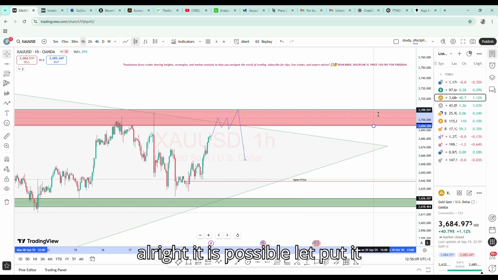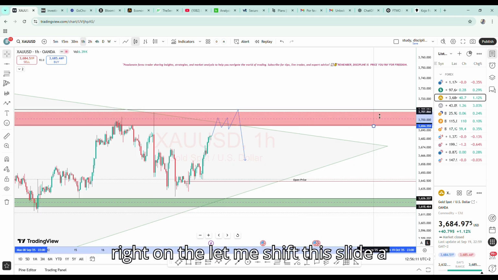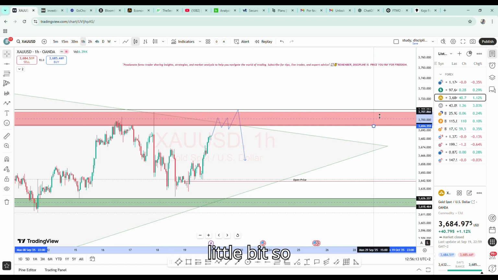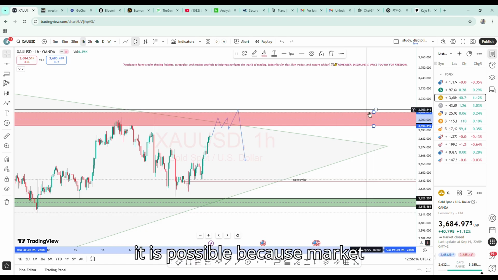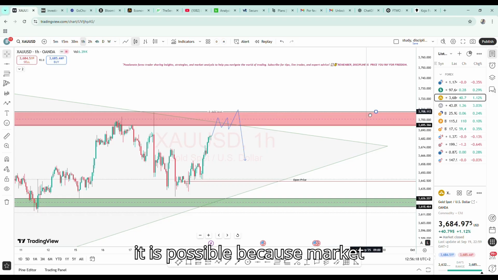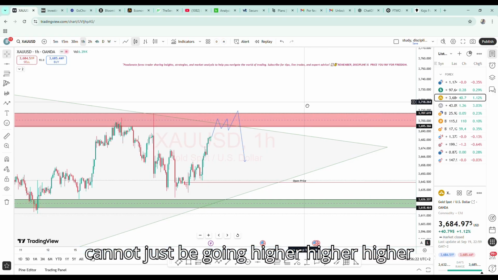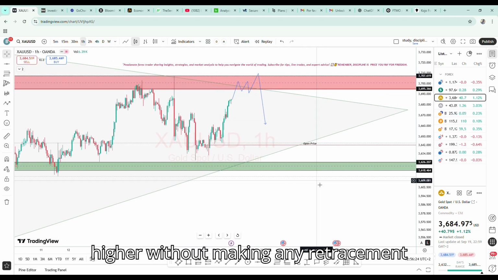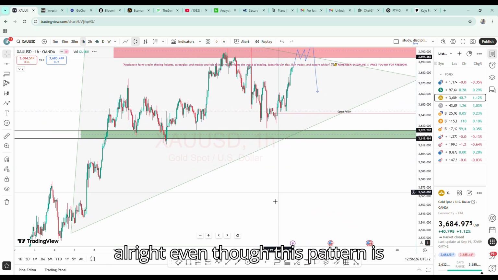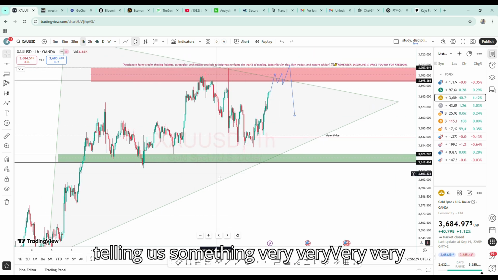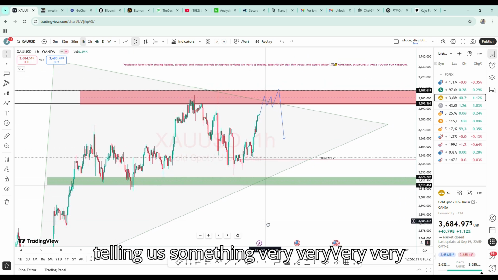Let me shift this line a little bit. It is possible, because the market cannot just be creating new highs, going higher without making any retracement. Even though this pattern is telling us something very important.